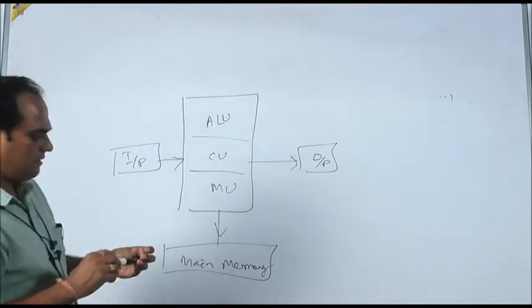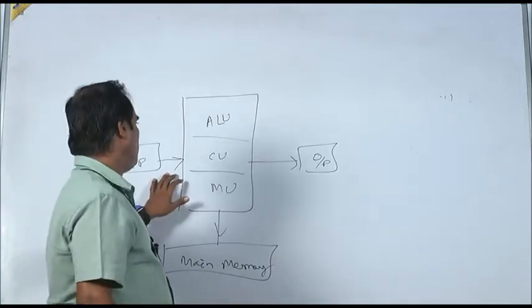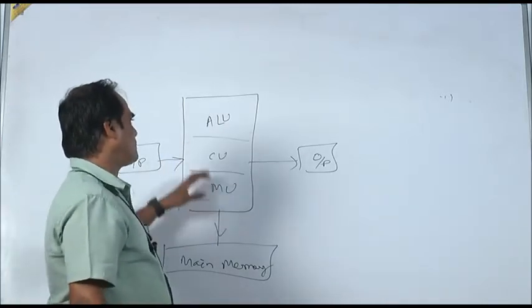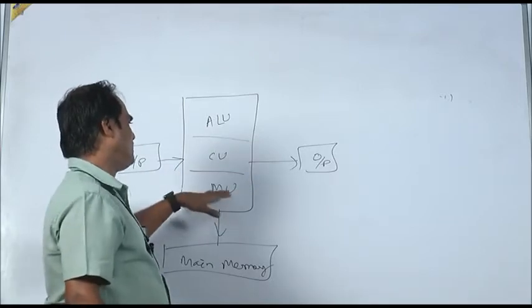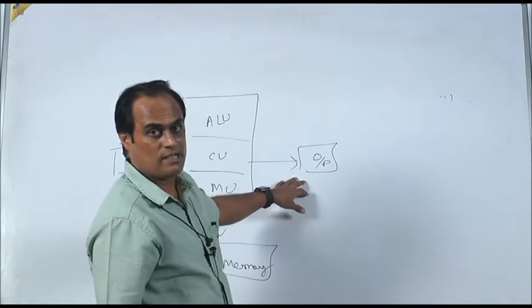As per the definition, once the data is given as input, it is processed. The ALU, CU, and memory unit are there, and we get the result as output.